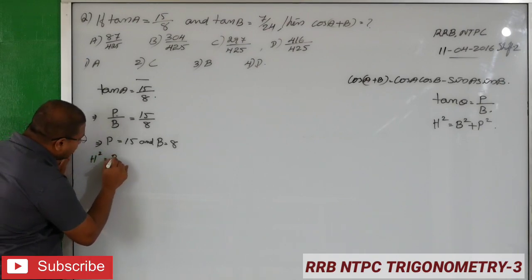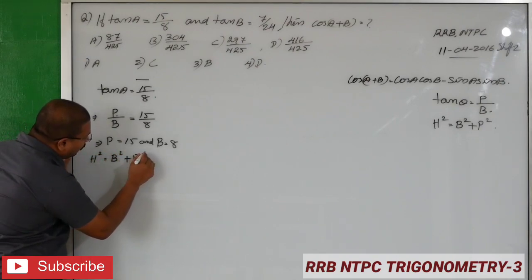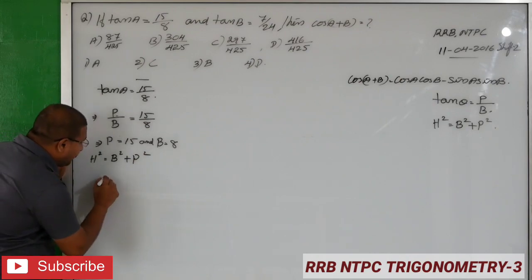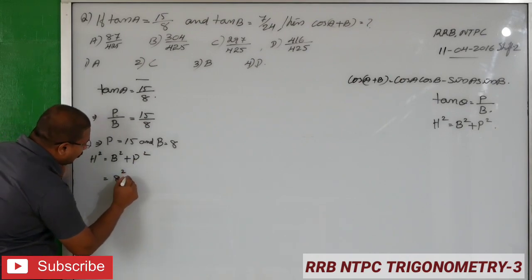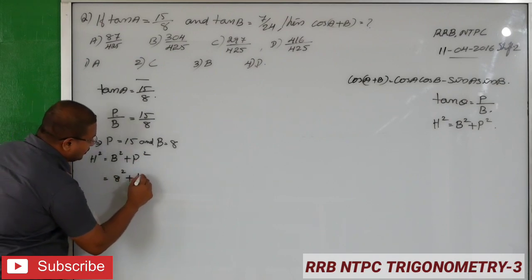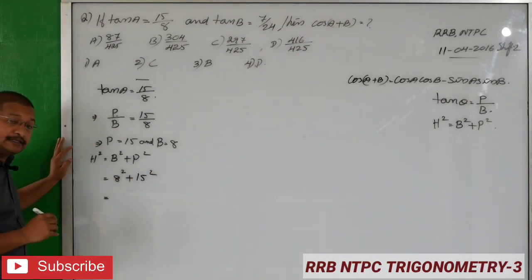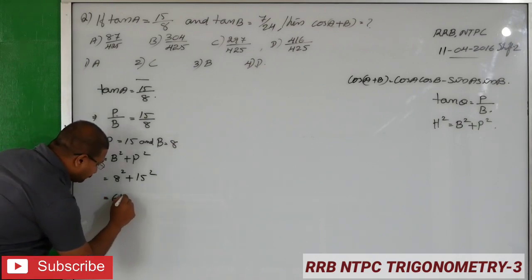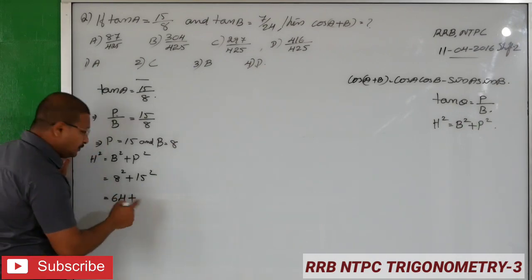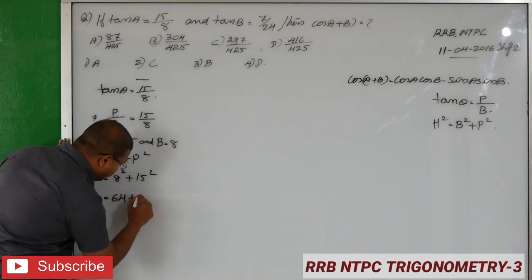Ready? Therefore, by Pythagoras theorem, hypotenuse square equals base square plus perpendicular square. Base is 8, so 8 square plus perpendicular 15 square. 8 eights are 64 plus 15 square. 15 fifteens are 225.